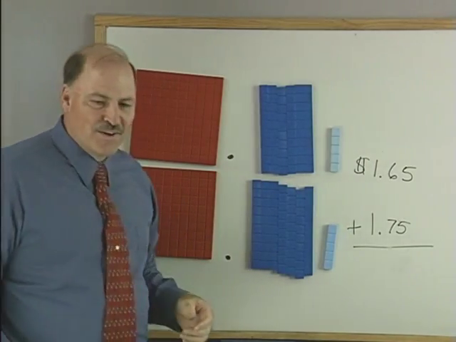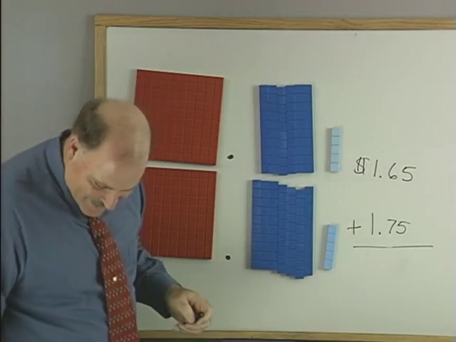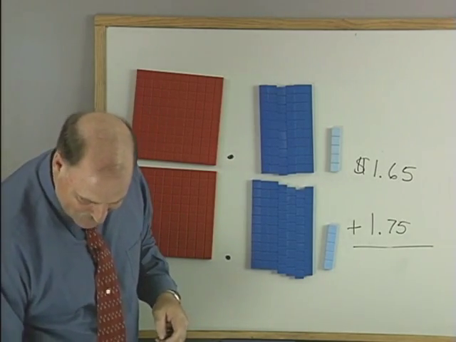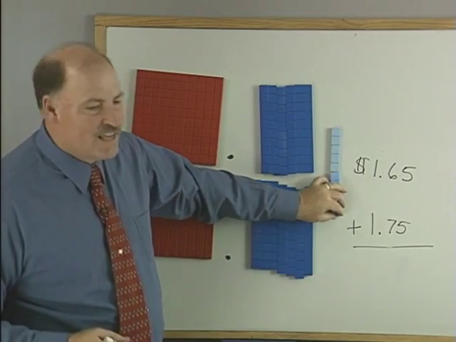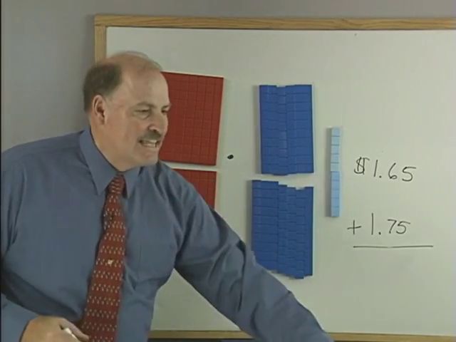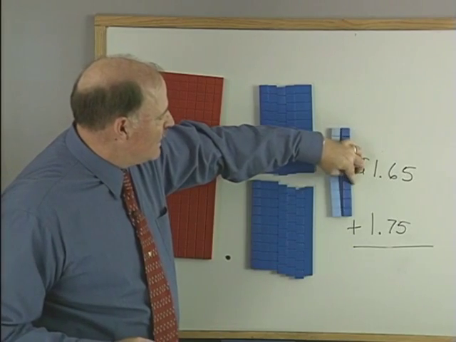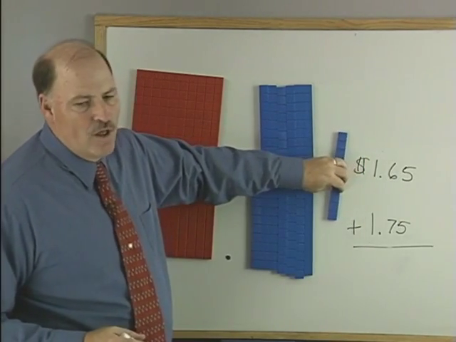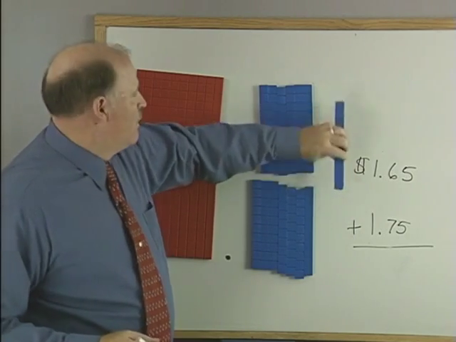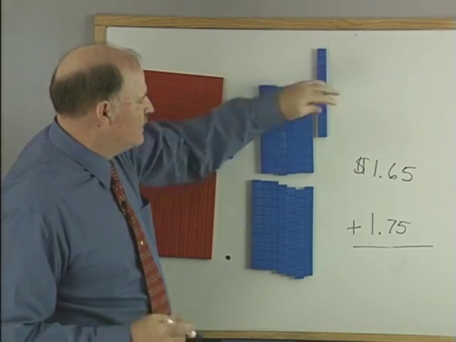Okay, so what are we going to do first? Okay, what's 5 cents plus 5 cents? 10 cents. I can replace that and regroup. Where does the 10 cents belong? Belongs over here, right, with the tens.